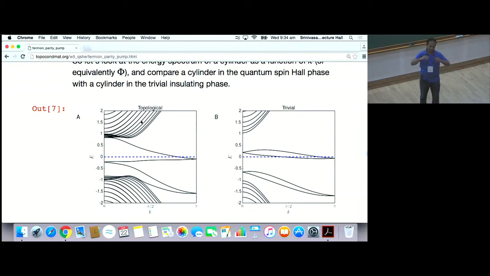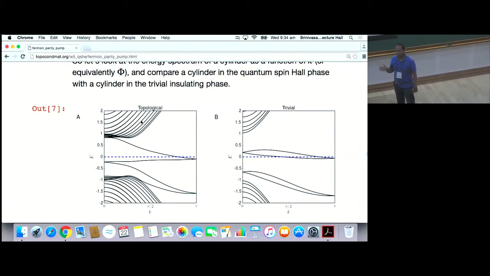So if you start with an even number of electrons on each edge, so that there's no Kramers degeneracy on the edge, and you pump one quantum of flux, now you have an odd number of electrons on each edge, and you have a Kramers degeneracy. And this is the topological character of a 2D topological insulator.